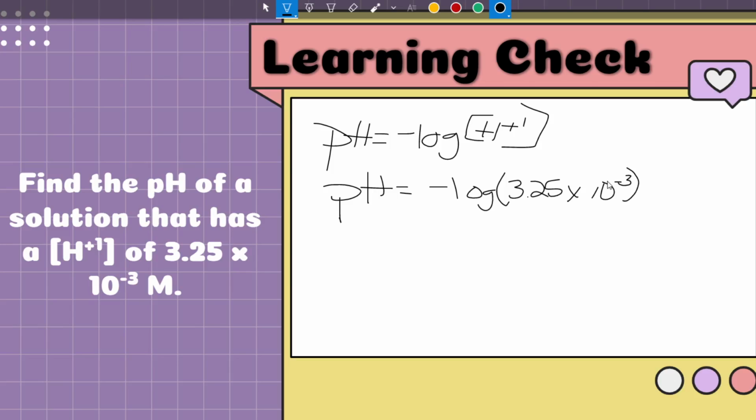You don't need any units on these numbers because pH is just a relative value. So you should get, rounding to 1 decimal place, a pH of 2.5.